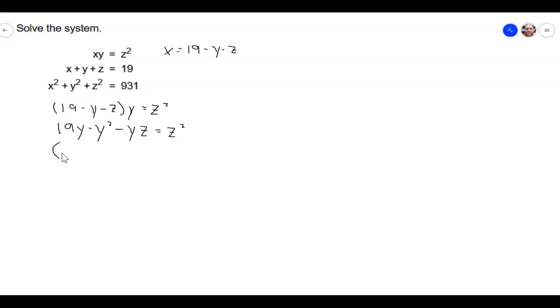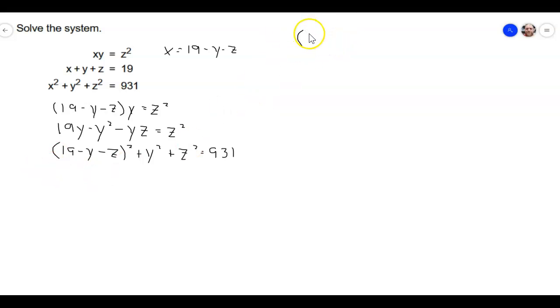So that would give me 19 minus y minus z, then we're going to have to square that, plus y squared plus z squared plus z squared is equal to 931. And then we're going to end up having to square that, so let's do that off to the side here.